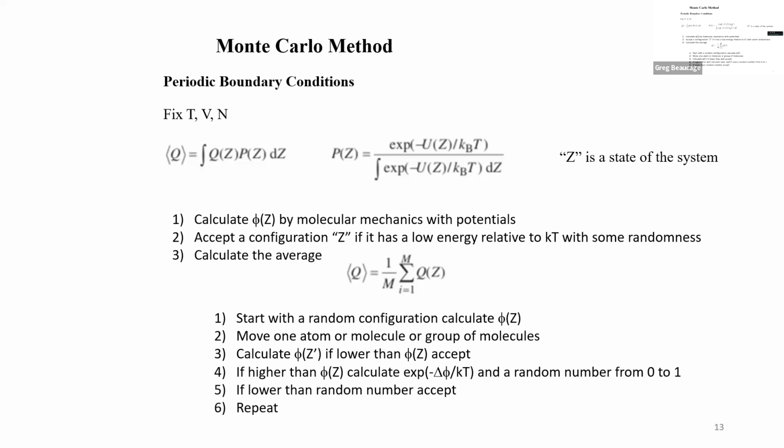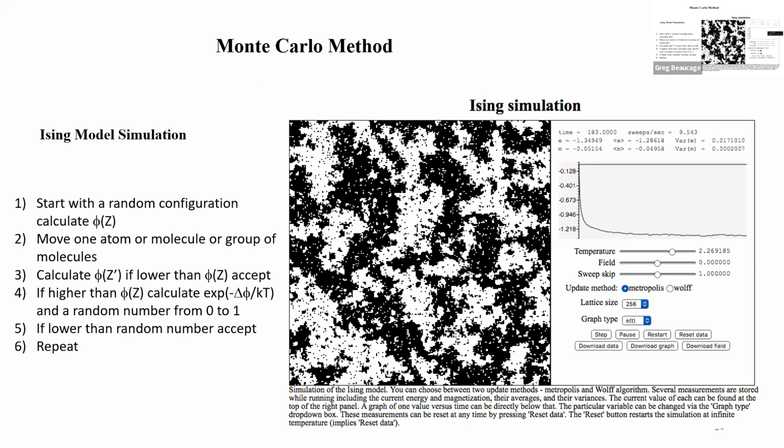So there's no time step in this. It's just random motion of things, random swapping of positions of things, and calculating the free energy. So it's not a time step. It's just like testing every possible arrangement of everything. LAMMPS does this.